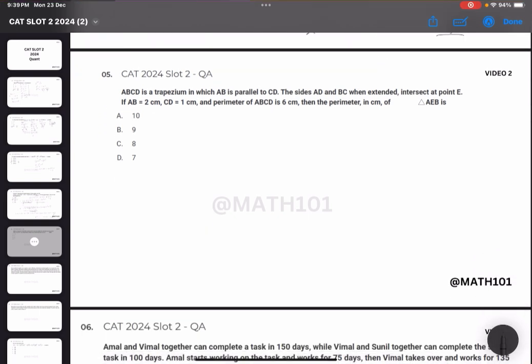Okay, moving on. We have ABCD is a trapezium in which AB is parallel to CD. The sides AD and BC, when extended, intersect at point E. This is E, A, B, C, D. So parallel.